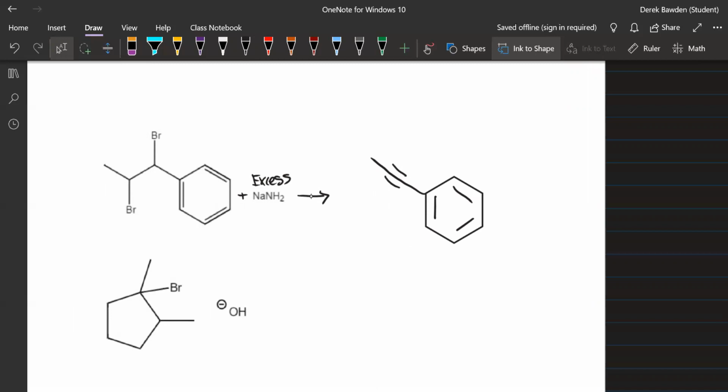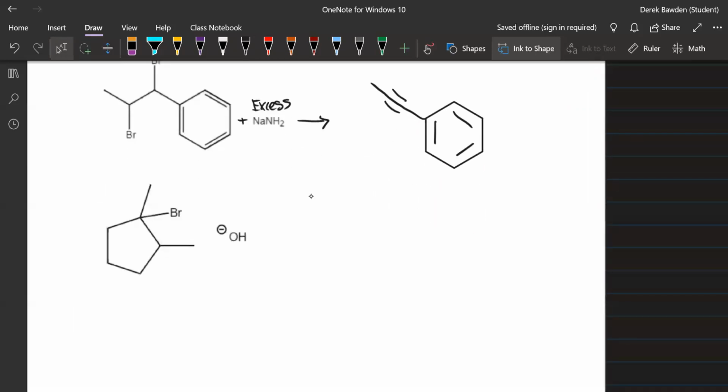All right, and the last one that I brought. We have a strong and small base. We have our alpha carbon, beta 1, beta 2, beta 3.